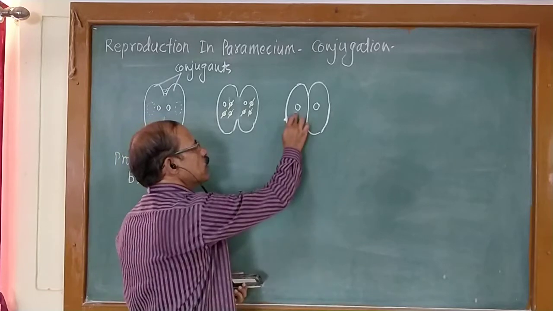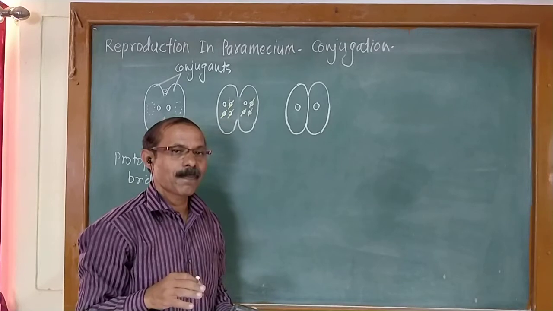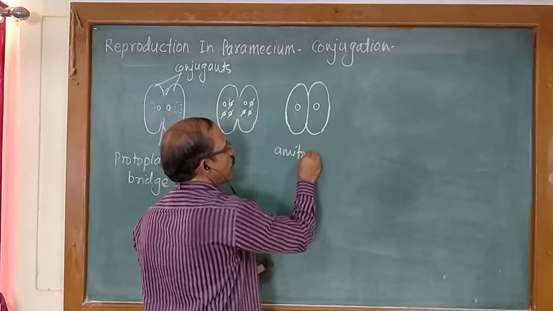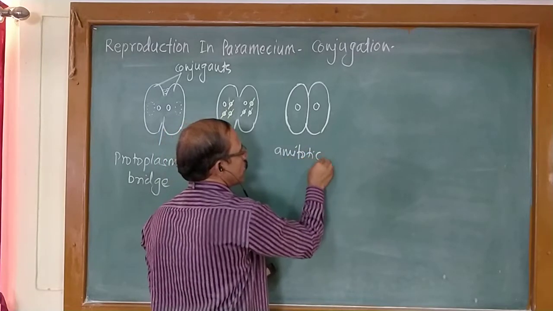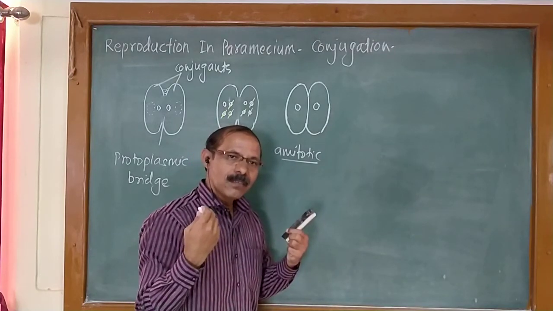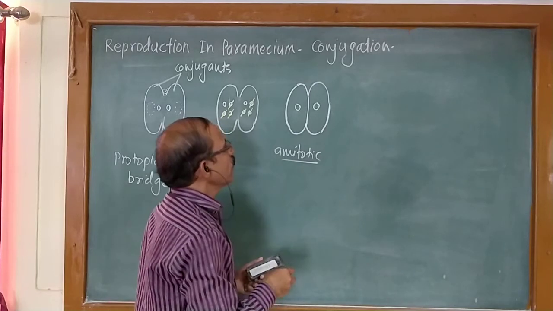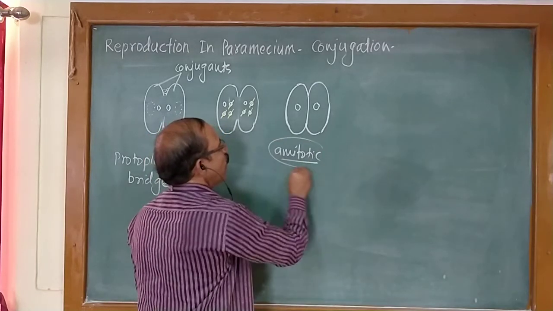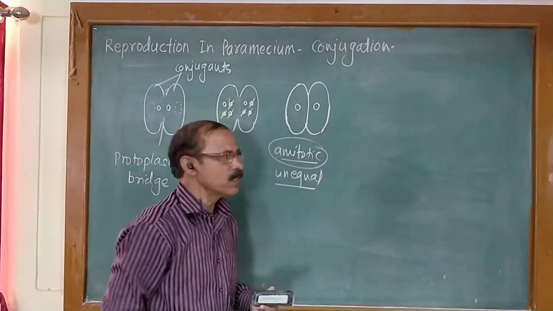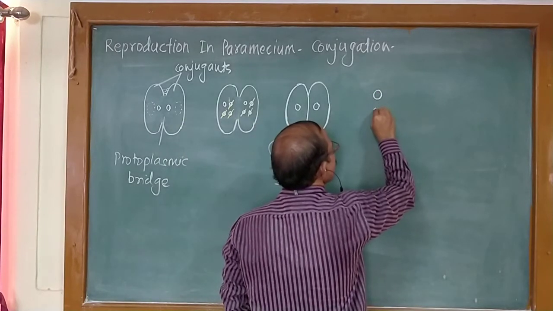Now this nucleus undergoes division, but this division is amitotic and unequal. It simply forms a constriction and 2 nuclei form, by unequal division. Unequal means one becomes larger in size and one becomes smaller.